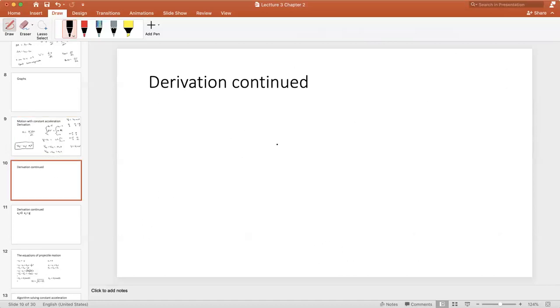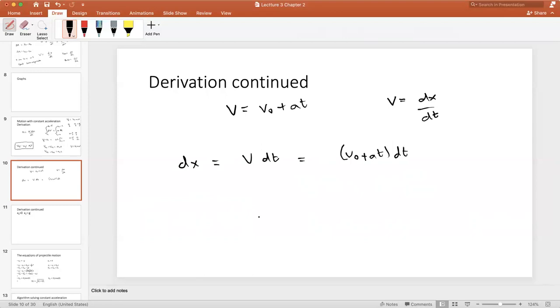Okay, let's continue our derivation. We just found that v final was equal to v initial plus at. And we know that v is dx dt. So doing the same thing we just did, we're going to have dx is equal to v dt, or v naught plus at dt.